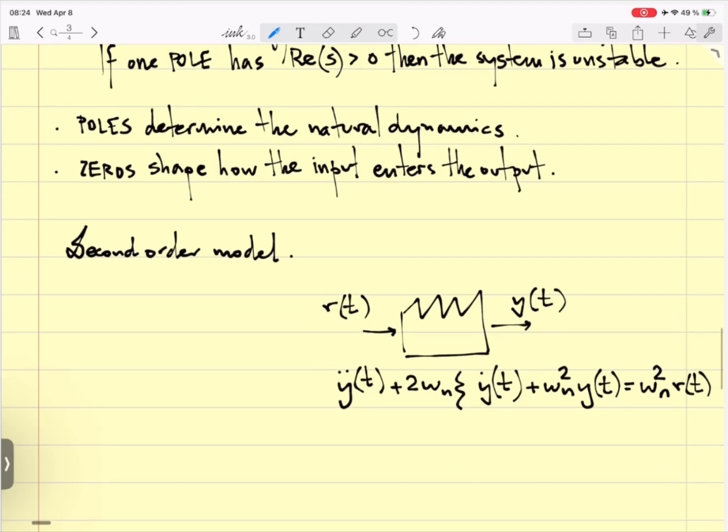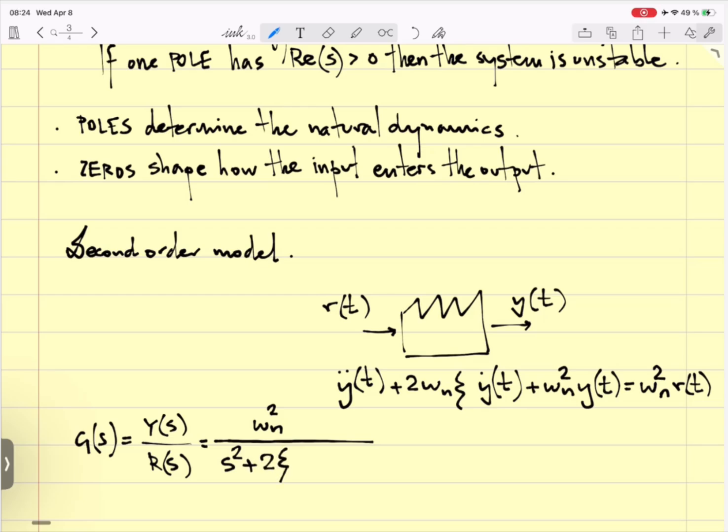And this is going to yield a transfer function g of s equals I of s divided by r of s, if you do the Laplace transform, equal to omega sub n square divided by s square plus 2 times xi omega sub n s plus omega sub n square.